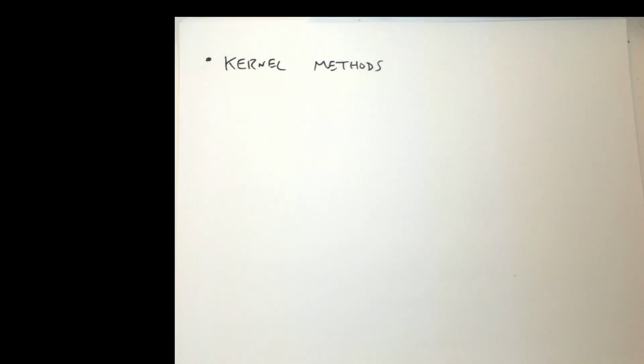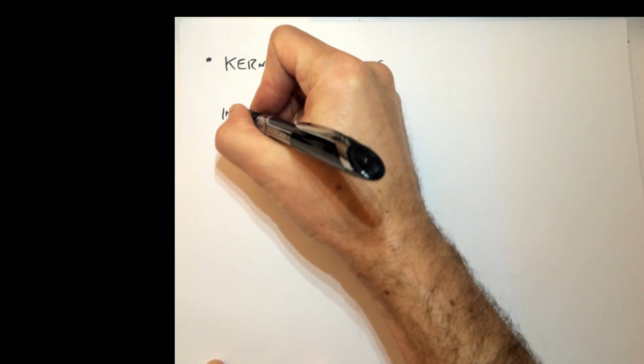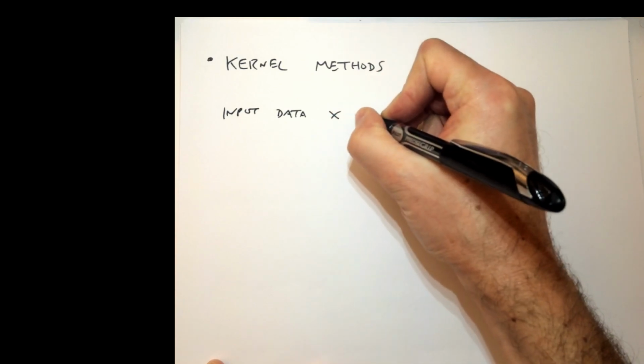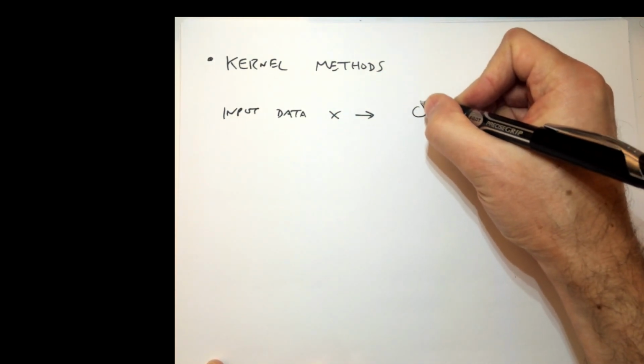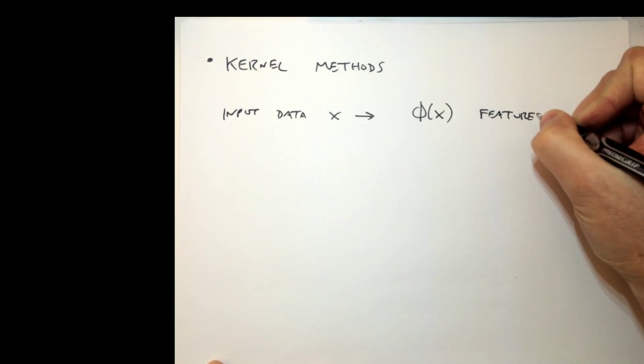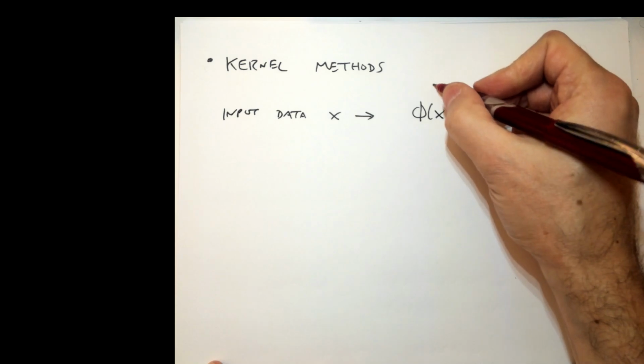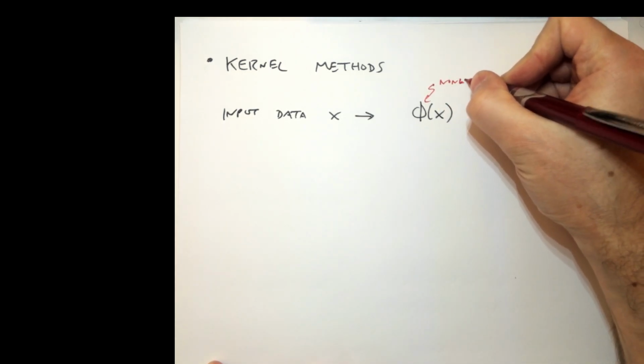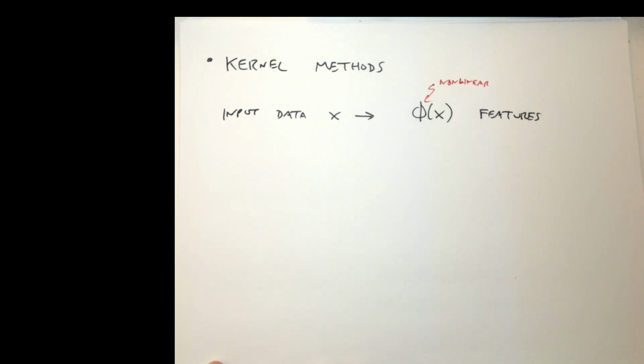Remember that when we first started out talking about regression and classification, I've got my raw data X, but I might want to transform that data into some sort of new feature space, phi of X. So I have input data X, and then I apply some sort of nonlinear function phi to get features, and then maybe I use these phi to do regression or classification instead of just the raw features, right?